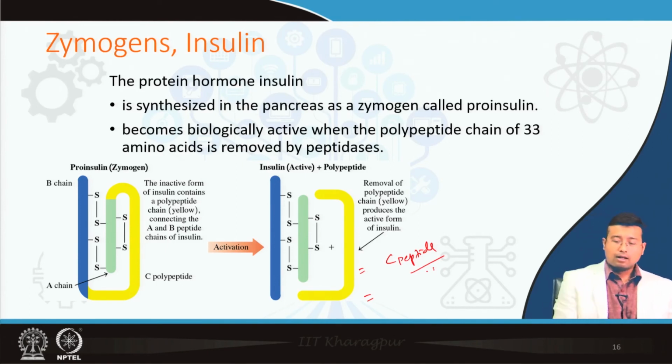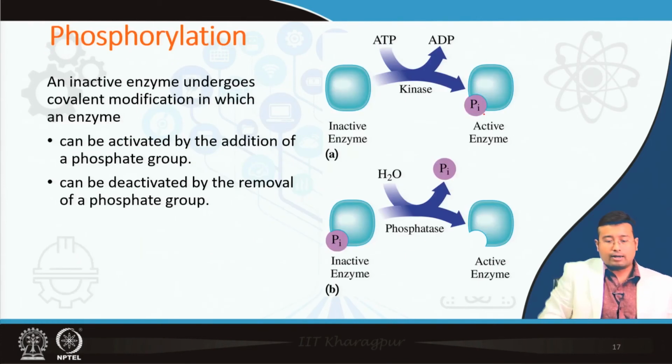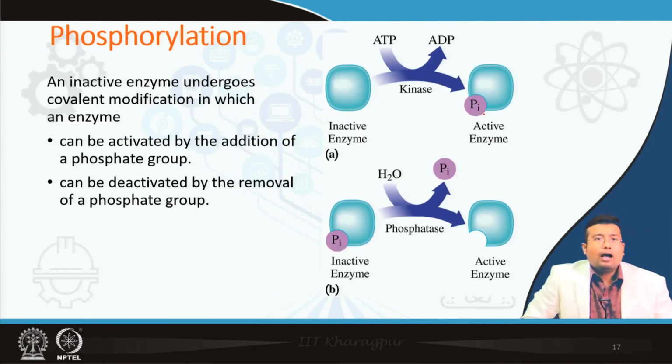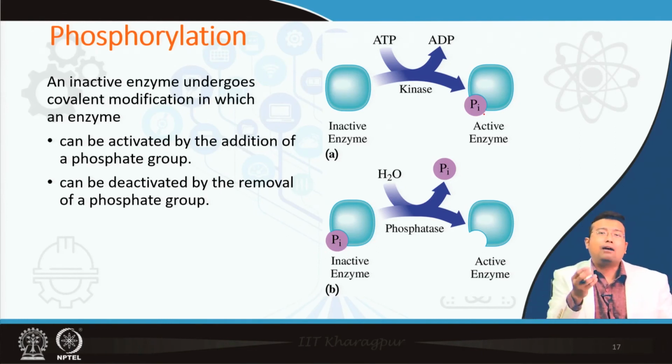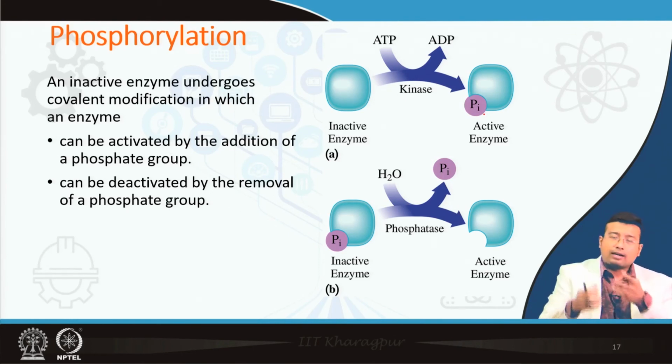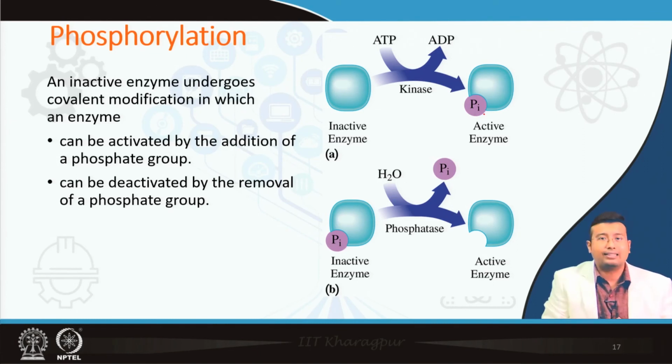Okay. So, again remember, zymogen is proinsulin, activation via covalent modification. Now, another type of covalent modification is phosphorylation. What is phosphorylation? In which a phosphate group is added to an enzyme. So, an enzyme can become phosphorylated and now becomes a phosphorylated enzyme.